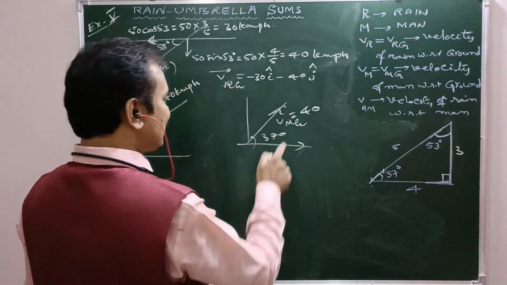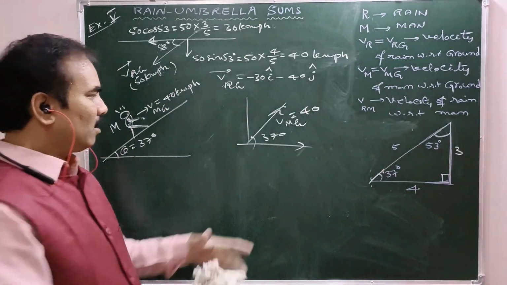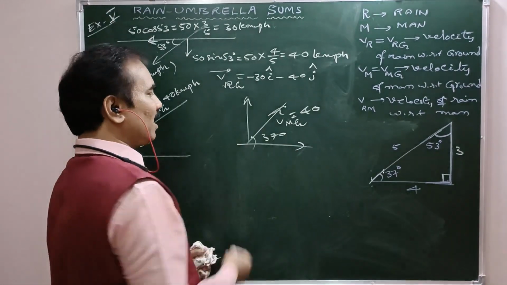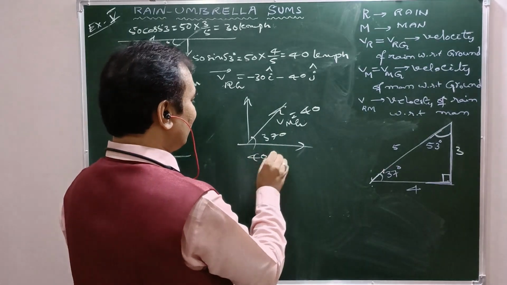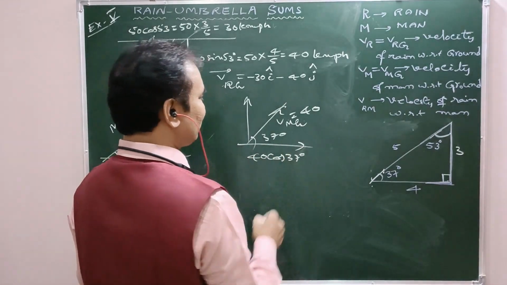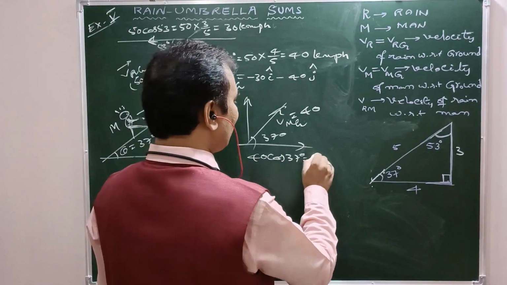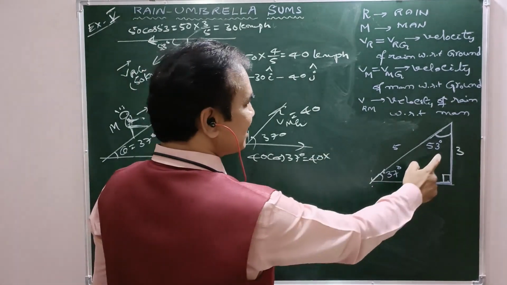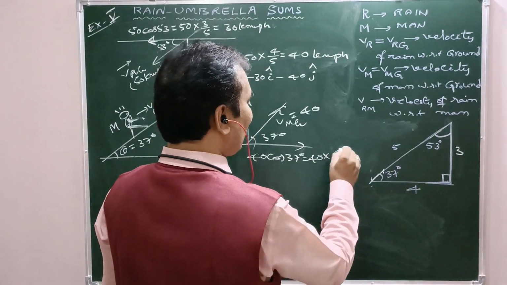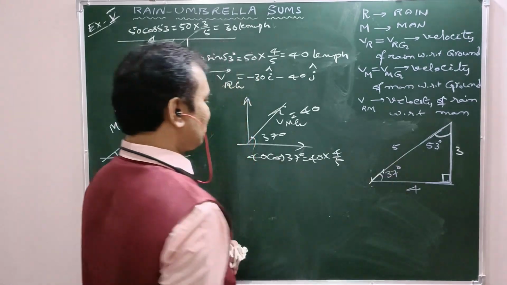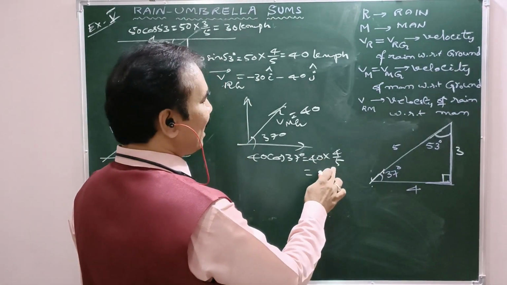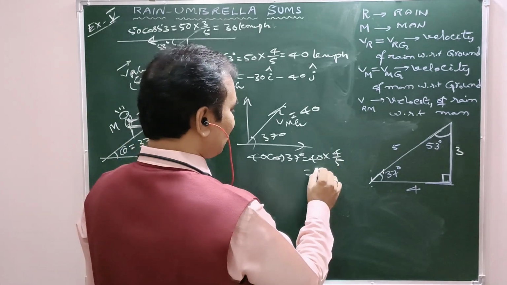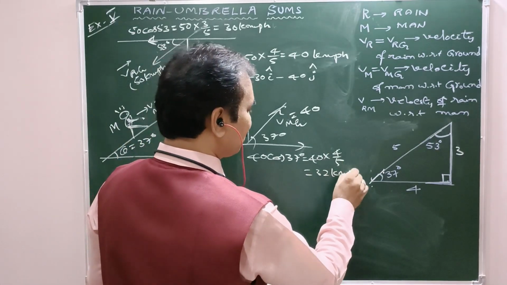If I split this into horizontal and vertical components, the horizontal component is 40 cos 37. Cos 37 is 4 by 5, adjacent side by hypotenuse, so 40 by 5 is 8, 8 into 4 is 32 kmph.